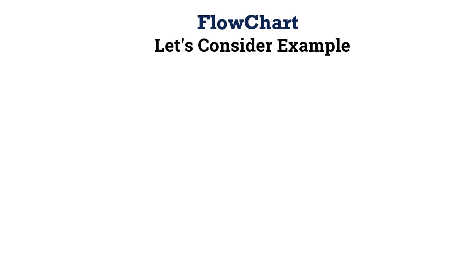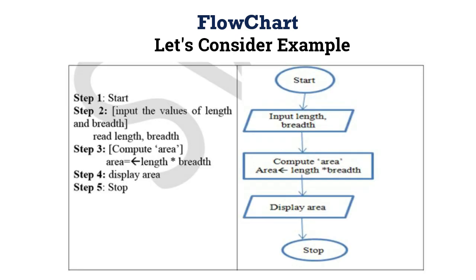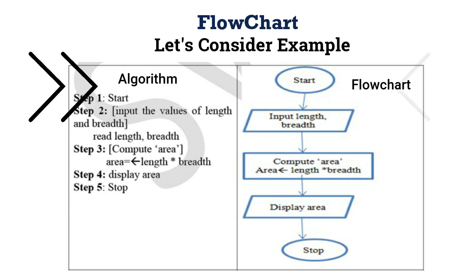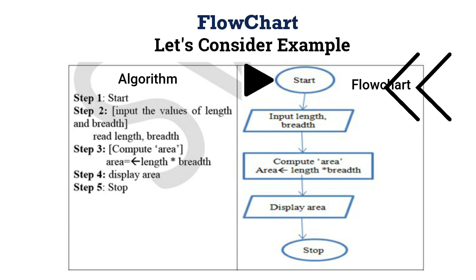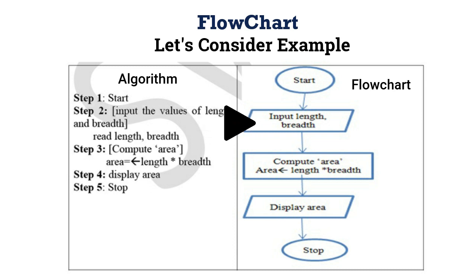So this following flowchart shows the computation of area of a rectangle. Here on the left hand side we can see the algorithm, and on the right hand side we can see the flowchart. The start of the program is indicated with this shape. Then the parallelogram is used to read input and output.